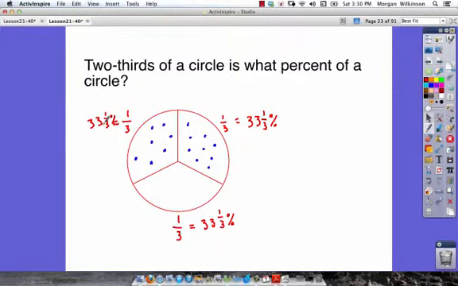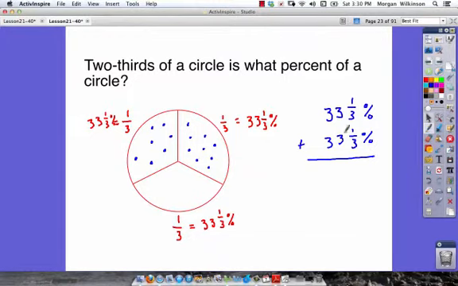So if we have 33 and 1/3%, 33 and 1/3%, and 33 and 1/3%, if we add it up, it's 100%, like our full circle. So 2/3 of a circle must be 1/3 plus 1/3, that's 2/3. Or we could say 33 and 1/3% plus 33 and 1/3%.